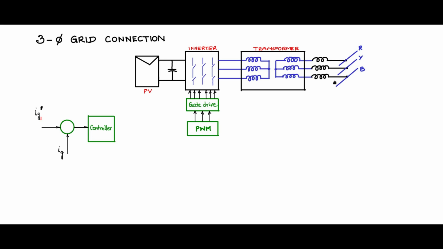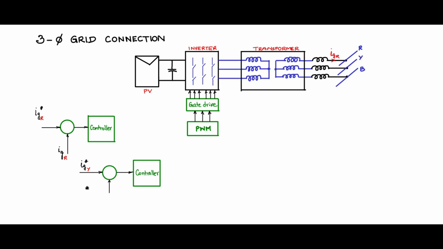So if I am having 3 phase, I will be having for each phase this compare and control. So let us say this is for phase R, and this IGR what I am having here is actually from that particular phase current. Like this, I will have for the other phase also a controller which will take a reference value of IG.